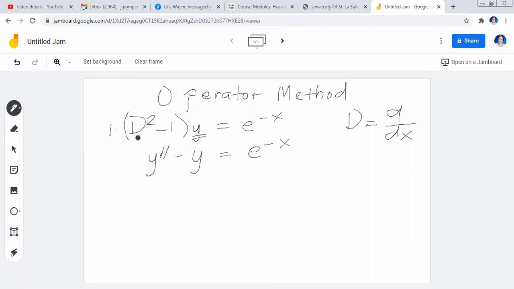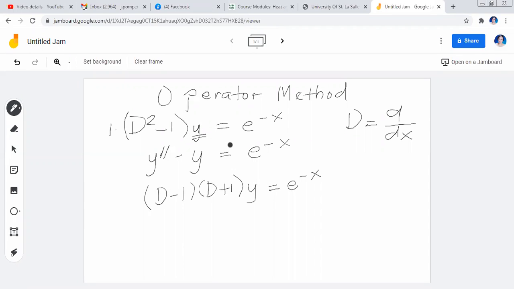So you can write the D squared minus 1 in this factored form like (D minus 1)(D plus 1) y equal to e raised to minus x. Now, you see that this D minus 1 and this D plus 1 is actually D squared minus 1. So these three equations just mean the same thing. They all represent the same thing.